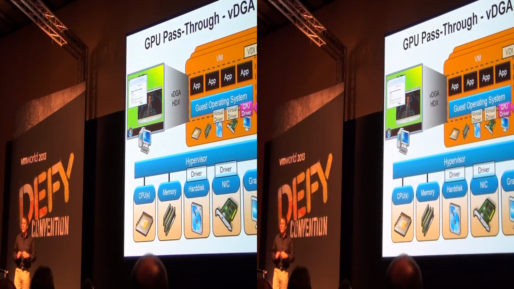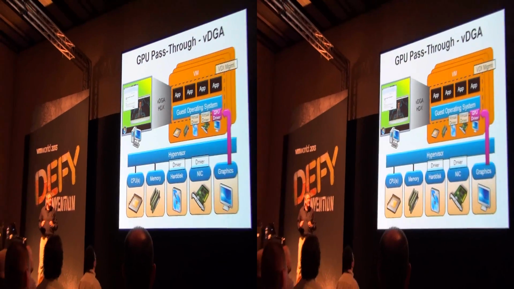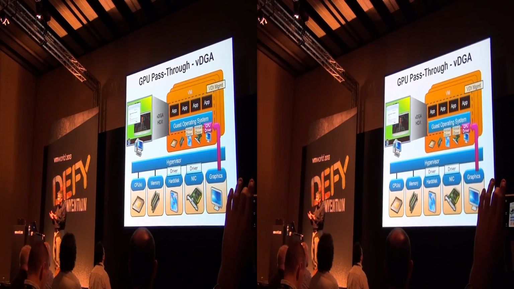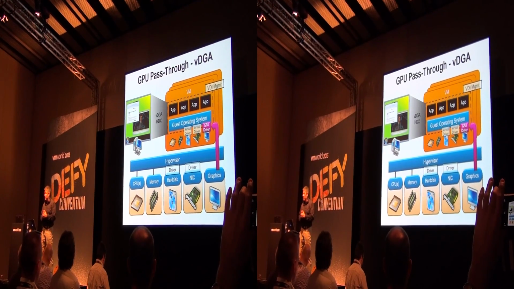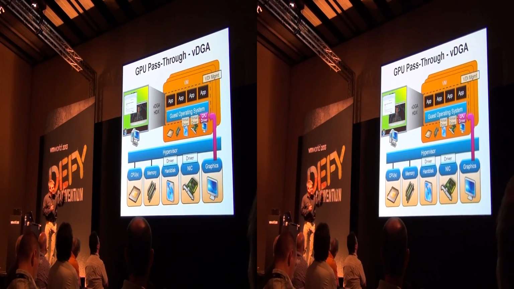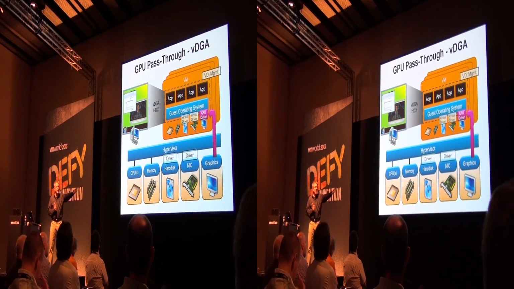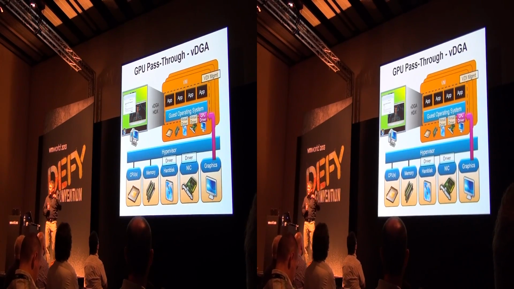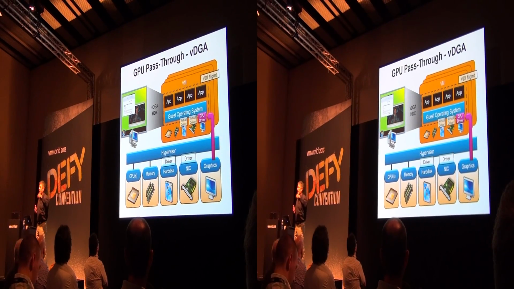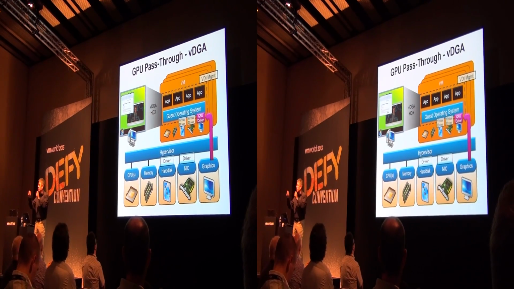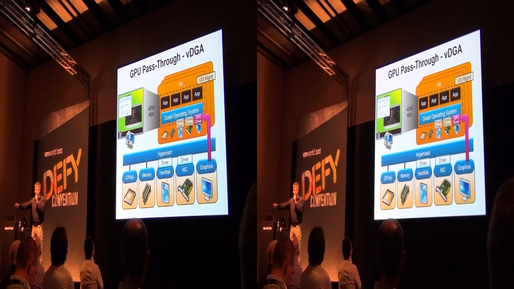Then we have the other method. It's called pass-through, which was introduced to the public this Tuesday during the keynote. What it does is it uses the physical hardware, but you are able to install a vendor-specific driver in the VM, and you assign one GPU to that VM.